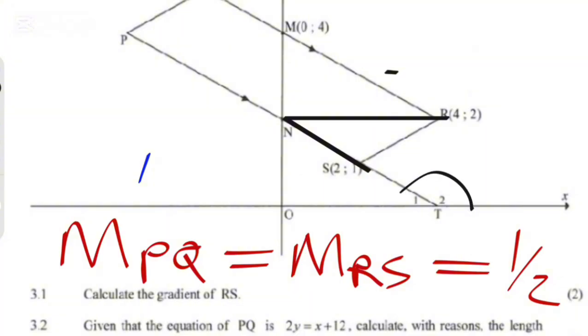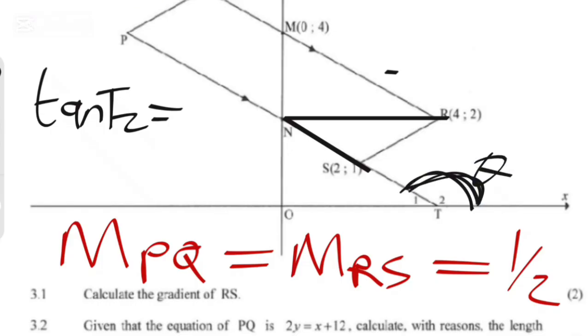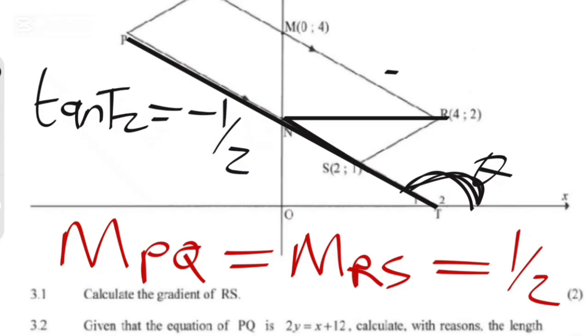We can find this angle, tan theta equals m. You can just say tan theta is equal to m, and the m is for this line, which was minus 1 over 2.